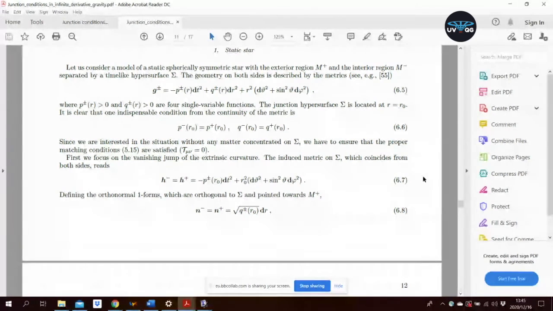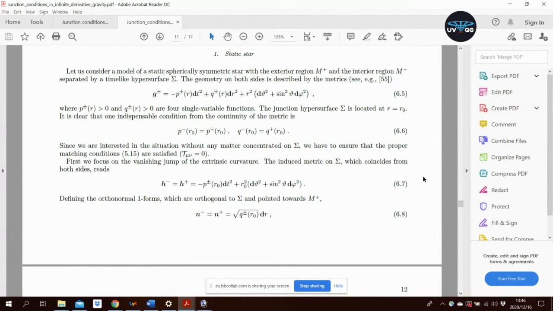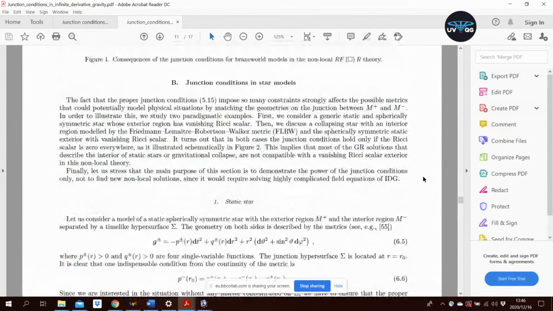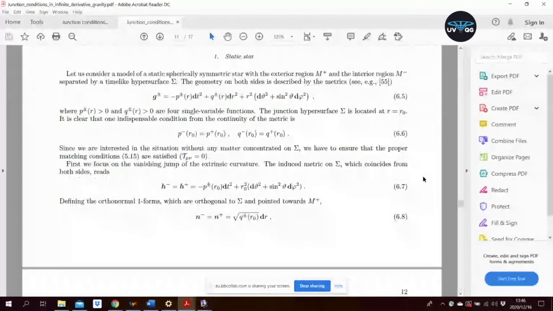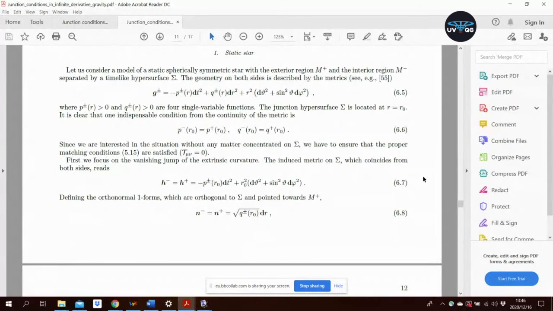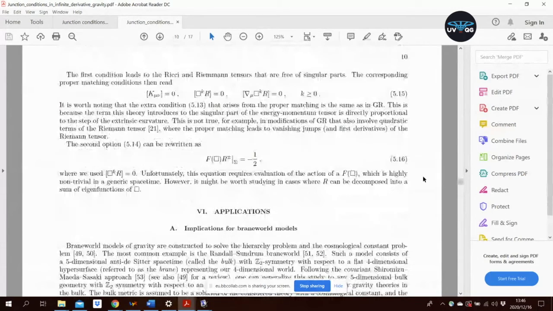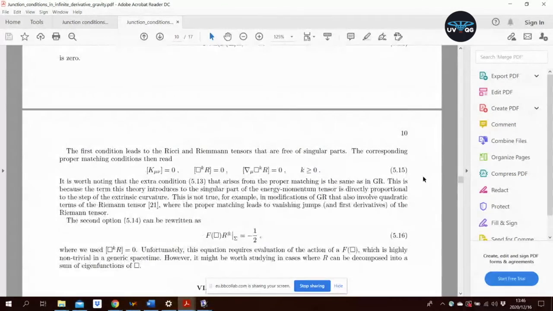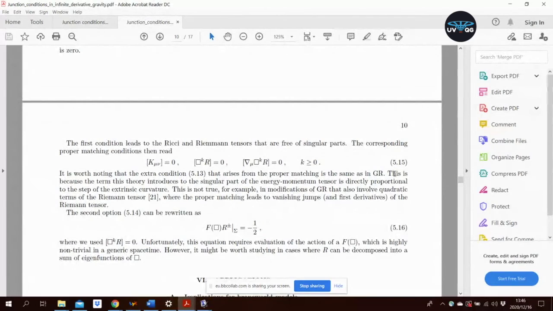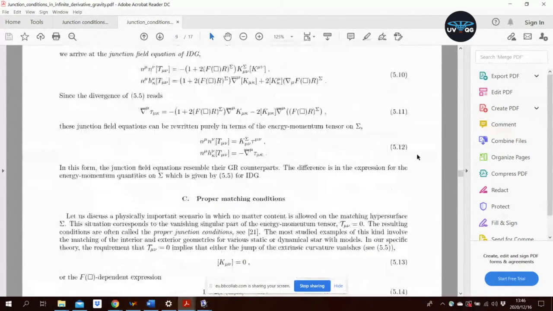Let me clarify a few things. Although these junction conditions seem very intuitive, like what you would expect, we actually need to make a lot of assumptions on these form factors, on these F(box), in order to obtain these results.